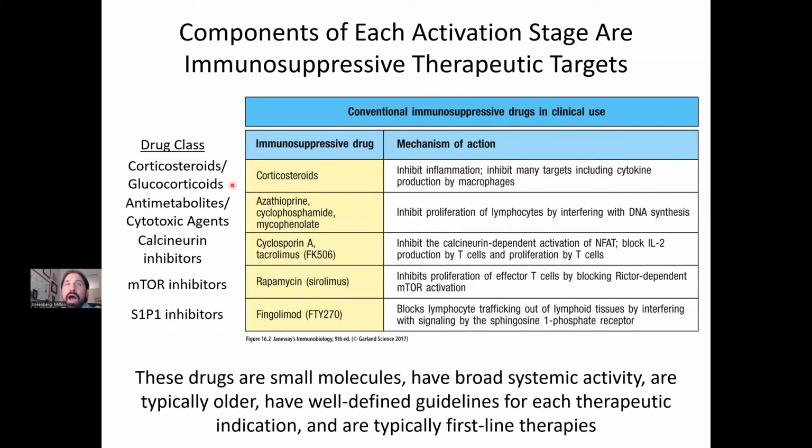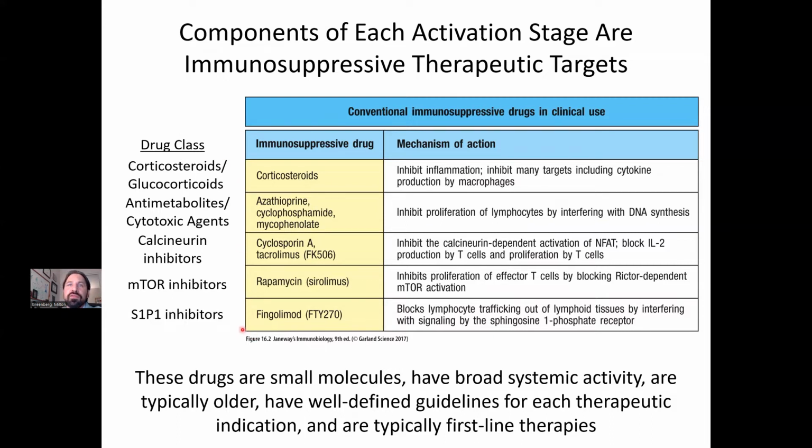These are highly effective molecules, and very importantly, they're also very cheap. These are all generic, older drugs that were discovered decades or even centuries ago, and as such, they're no longer on patent. They can be prescribed very cheaply, very easily.